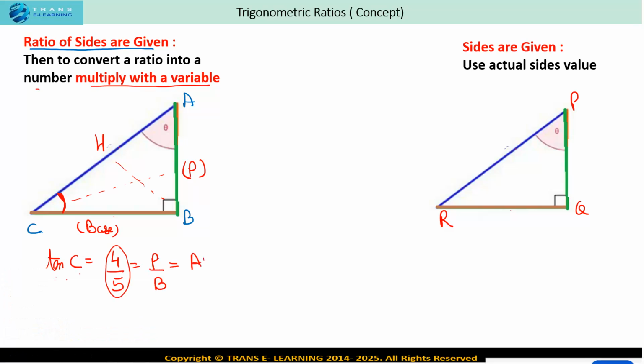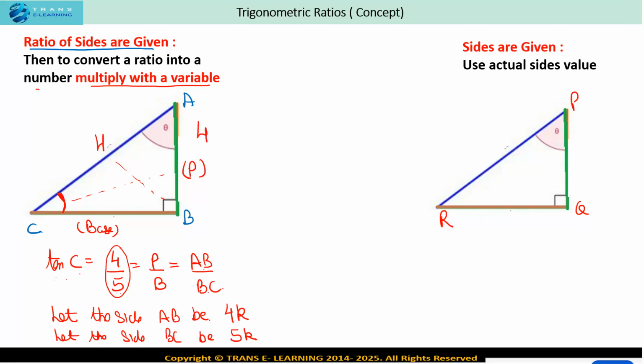Perpendicular is AB and the base is BC. So let the side AB be 4, multiplied with a variable k, and let the side BC be 5k. So my AB will be 4k and my BC will be 5k.